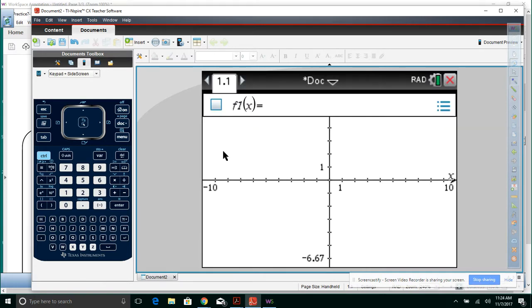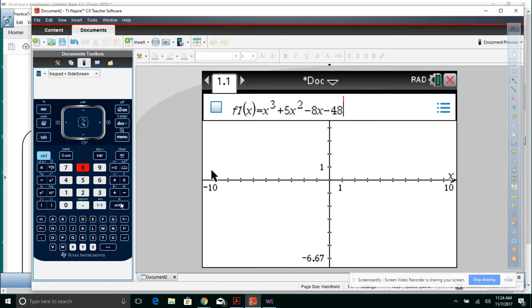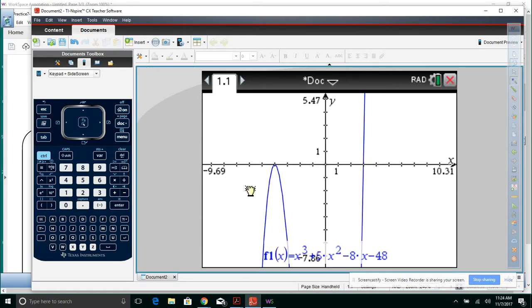And let's see here, what do we got? x caret 3 plus 5x squared minus 8x minus 48, and then press enter. Whoa, all right, what do we got here?